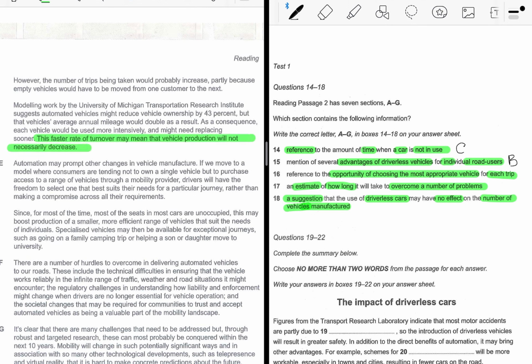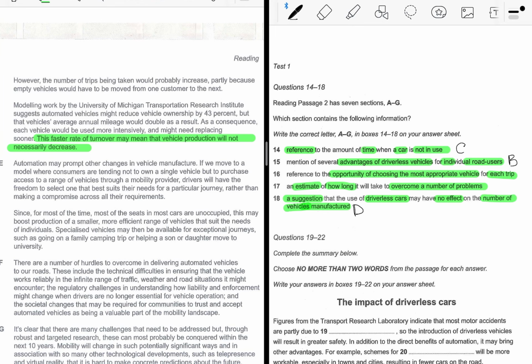So here it is written that vehicle production. And in question number 18, we got vehicles manufactured. So this just matches with the information. So the answer is D.